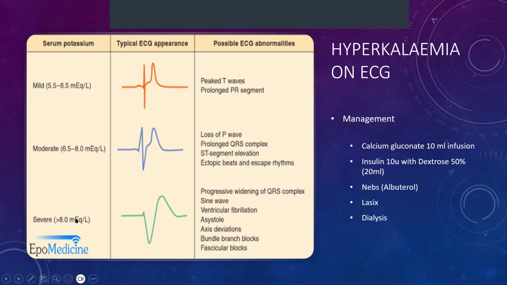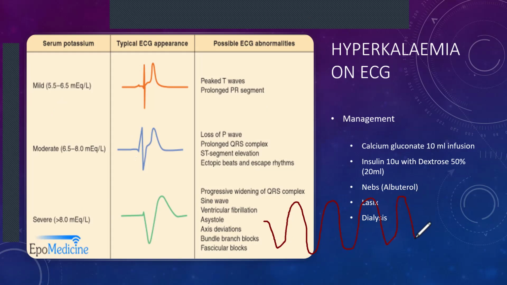And once you go above 8 milliequivalents per liter, you start seeing what they call a sine wave pattern. So if you were to see this, for example, once your patient is in severe hyperkalemia, you basically start seeing this. So this is what it looks like, a sine wave pattern.